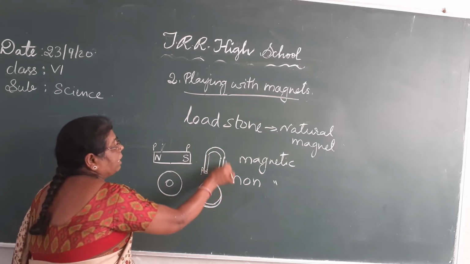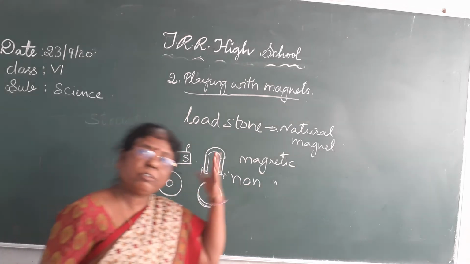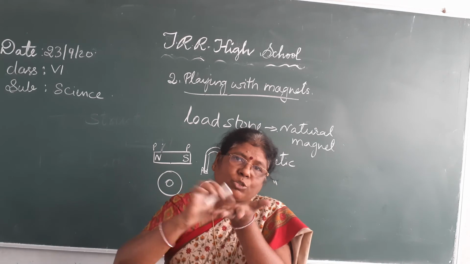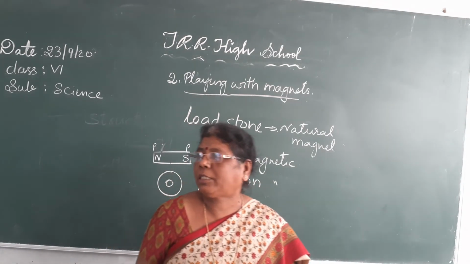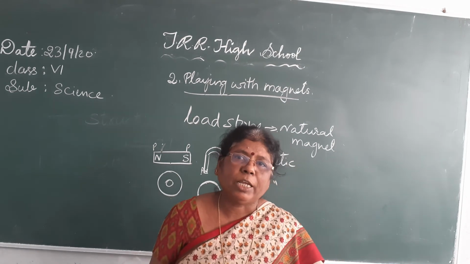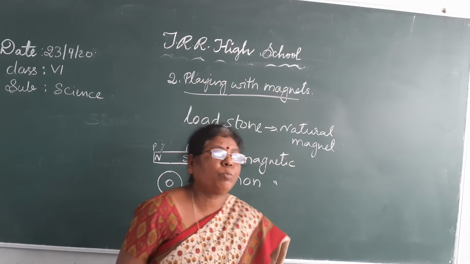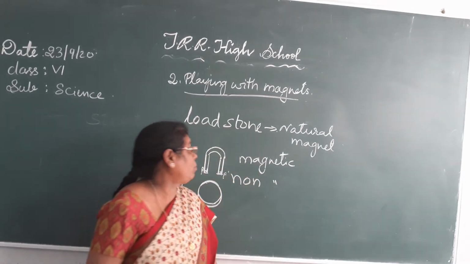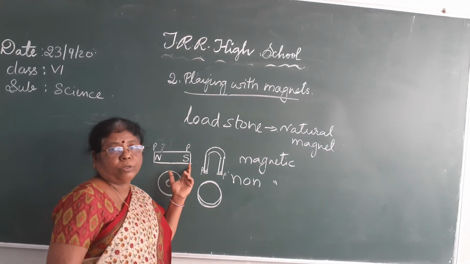Now one question will arise. Teacher, where do we find the poles in a ring magnet? Yes, you see the magnetic property, the poles, at the top and bottom. You will see the poles on top and bottom in a ring magnet. How many poles are there? Two poles: the North Pole and the South Pole.